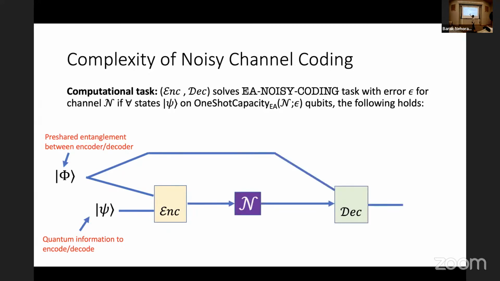Of course, you're allowed some pre-shared entanglement. And at the end, you recover an epsilon approximation of the original state. If this holds for all states psi, then your encode and decode algorithms are good. You solve the task.